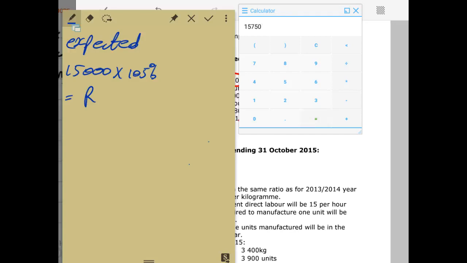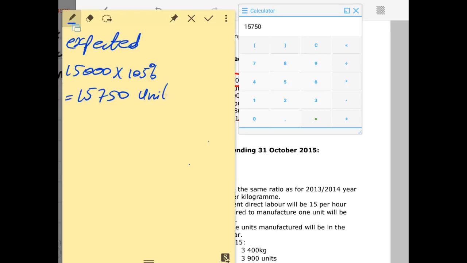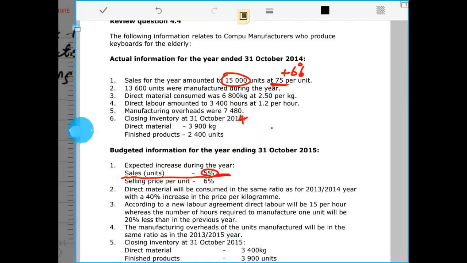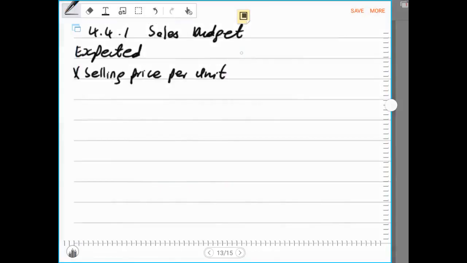Then that gives us 15,750, which is the sales in units. 15,750 units. Then now we continue with our sales budget. Then it will be 15,750.